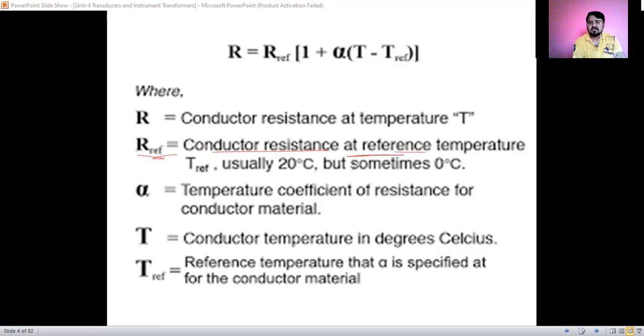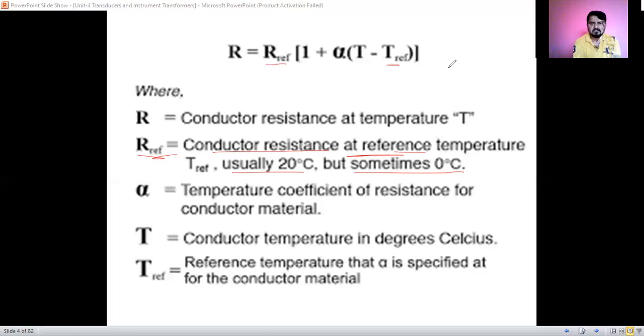At reference means the temperature at 0 degrees Celsius or usually room temperature, or 20 degrees Celsius also we can consider. So our reference is nothing but the initial value at the starting of the experiment. How much is there at T reference, how much resistance is there of that particular conductor.